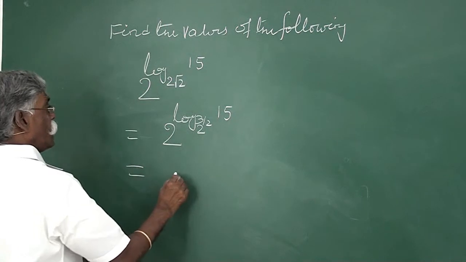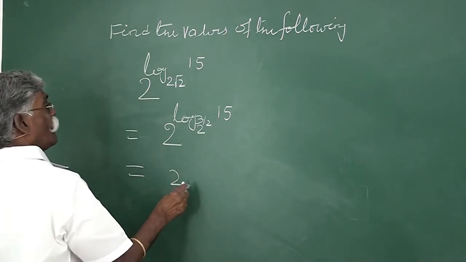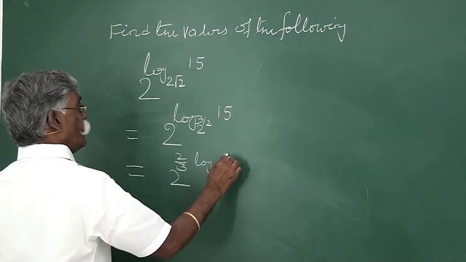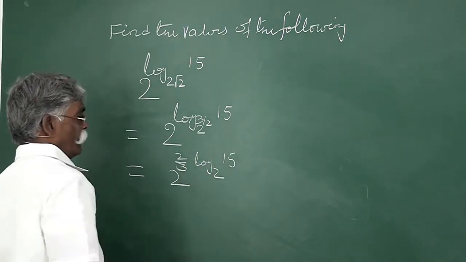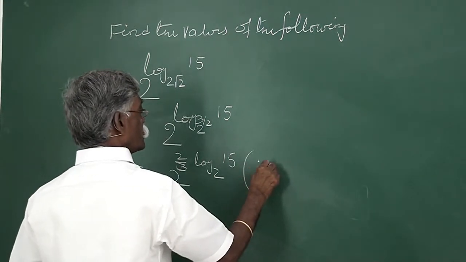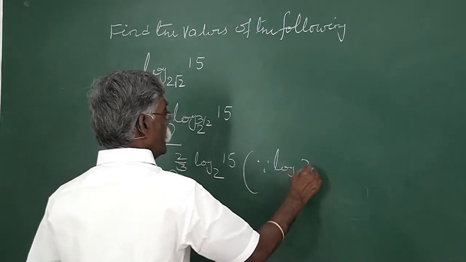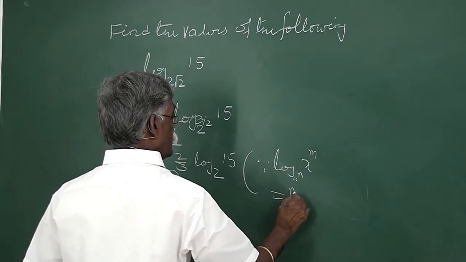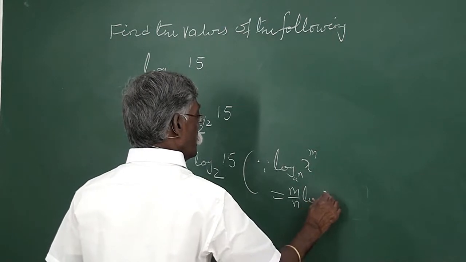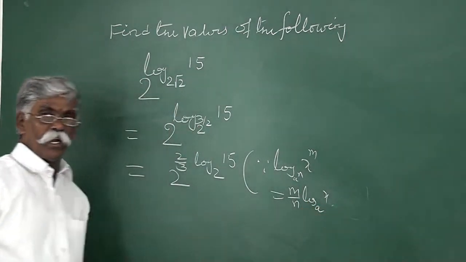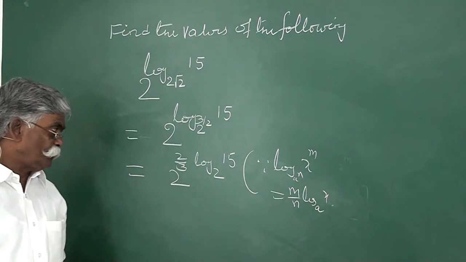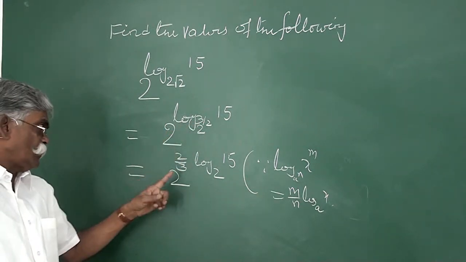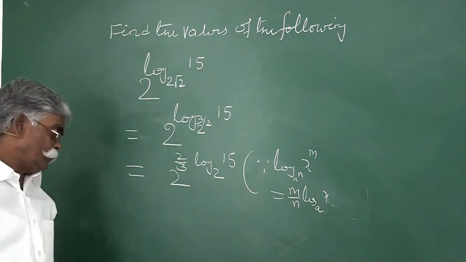And this can be written as 2 power 2 by 3 into log of 15 to the base 2, since log of x power m to the base a power n is m by n into log x base a. According to that, this 3 by 2 comes here and becomes 2 by 3.